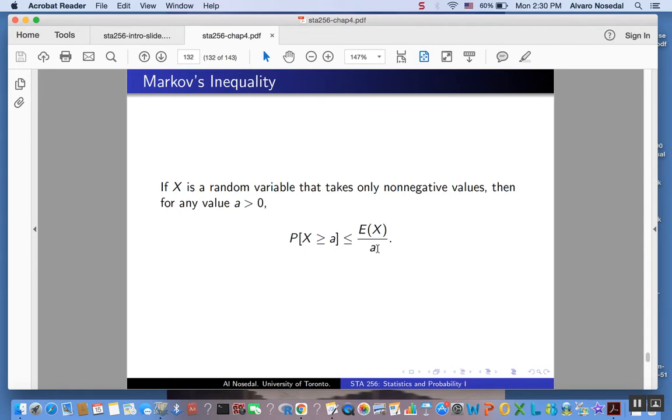This inequality is really important because you can use it to derive other inequalities, and the main thing is that it is going to allow you to find bounds for the probability of some events of interest. Make sense? Okay.